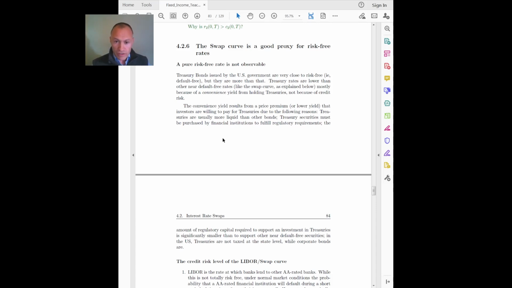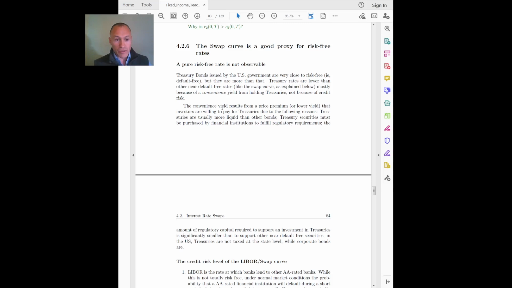So the prices of Treasury bonds are pushed up by those additional factors that I describe here. You can read those later on. But the final result is the following: the yield on a treasury bond is too low relative to what would be a pure risk-free rate.